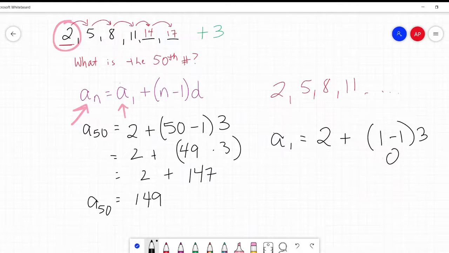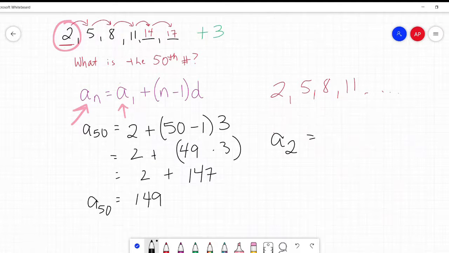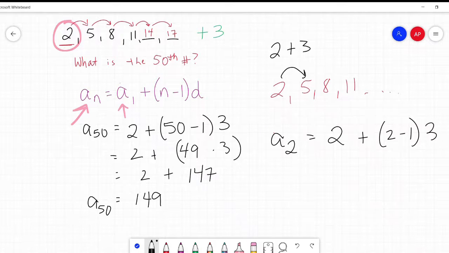All right, that works. Now, what if it was the second term? What happens at the second term? If I was not looking at a formula, what's actually happening? It's 2 plus 3. Our formula says a sub 1, the first term, 2, plus 2 minus 1 times 3. So 1 times 3. Because if it was the second term, I haven't added 3 twice.